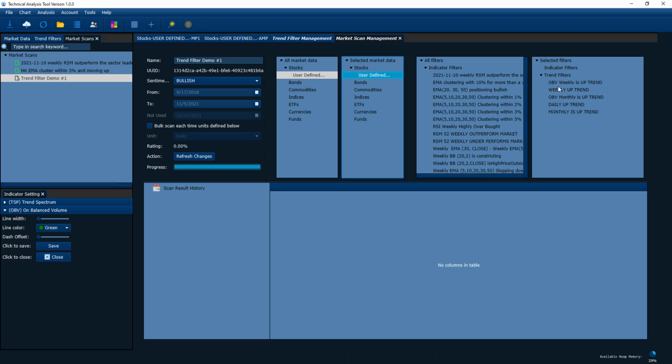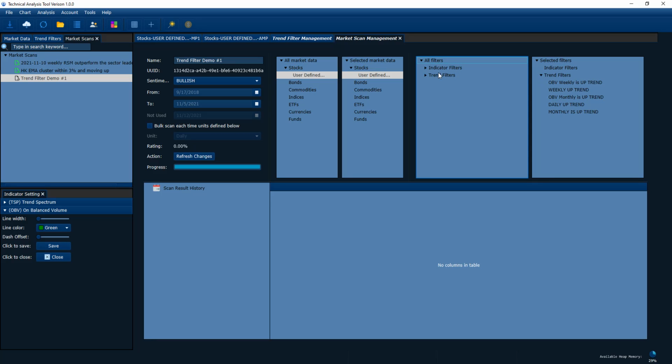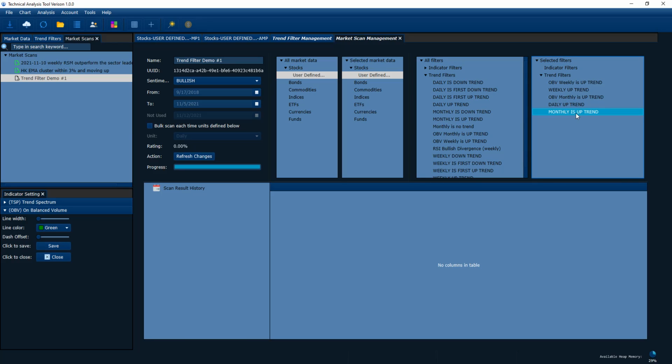Okay. As you can see here, all the filters will be displayed at the moment. The categories only apply to indicator filters and the trend filters. In the selected filters, as you can see, I have some of the selection here. What this scanning will do is give me all the shares whose monthly is uptrend, weekly is also uptrend, and daily is also uptrend, right?